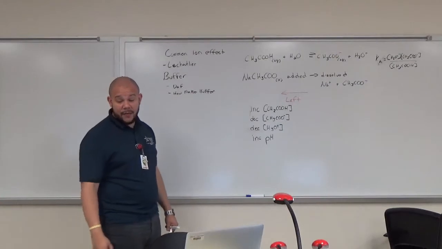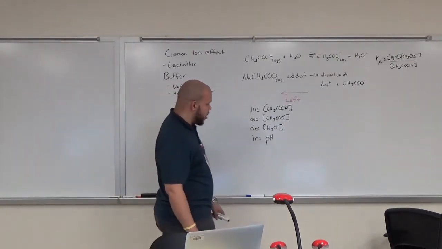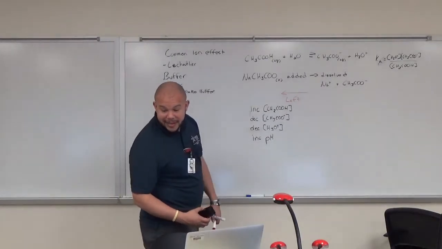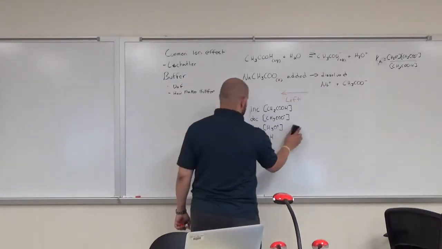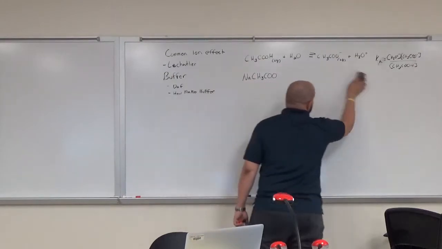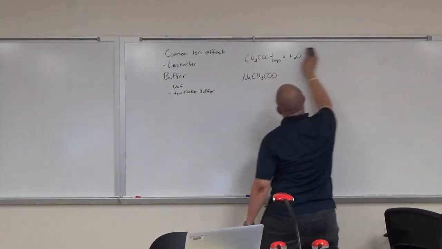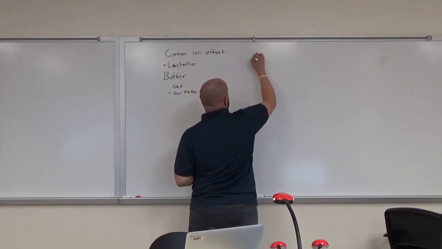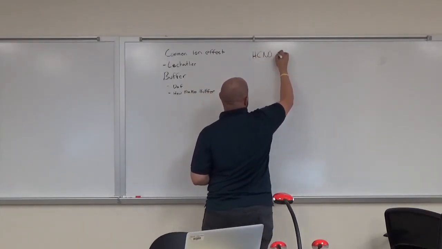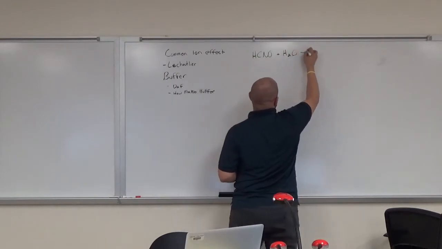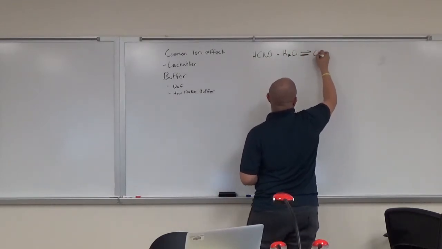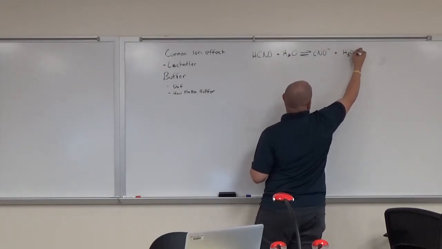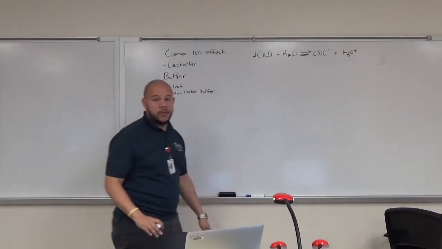So in the examples that I gave you on the in-class worksheet, I gave you some examples of potassium cyanate and cyanic acid. So if we look at cyanic acid and water, we see that it is going to be in equilibrium with cyanate ion, anion, and hydronium.